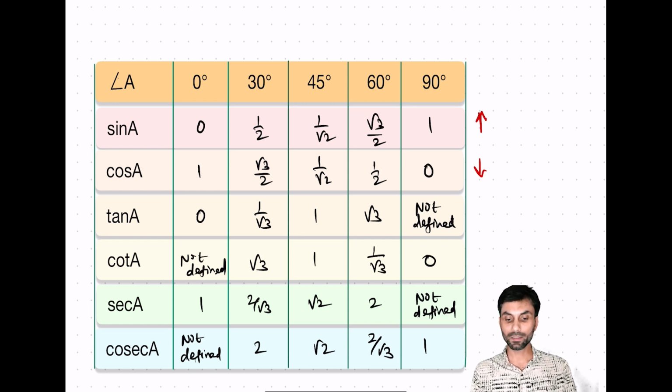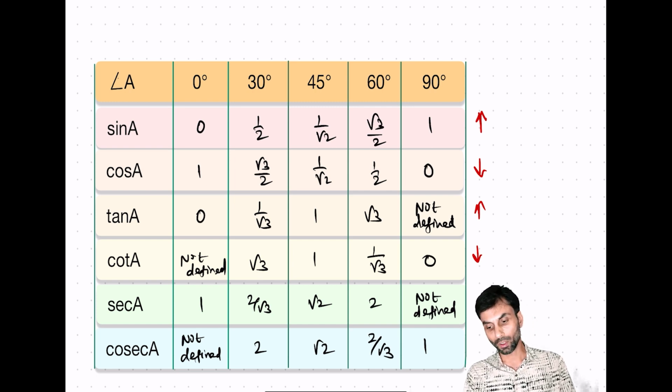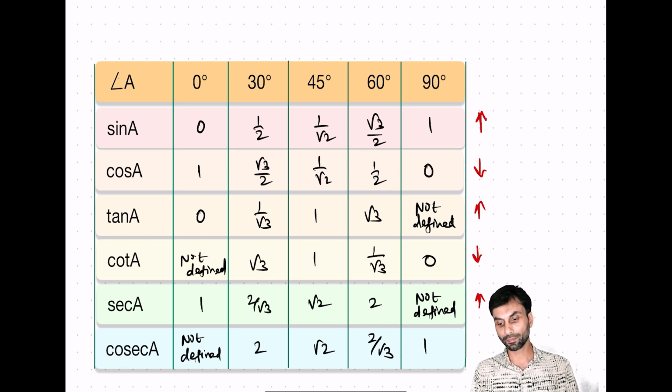Again for tan, the value increases from 0 to 90. For cot, it decreases. For sec, the value goes from 1 to not defined, so it is again increasing. And for cosec, it is decreasing.